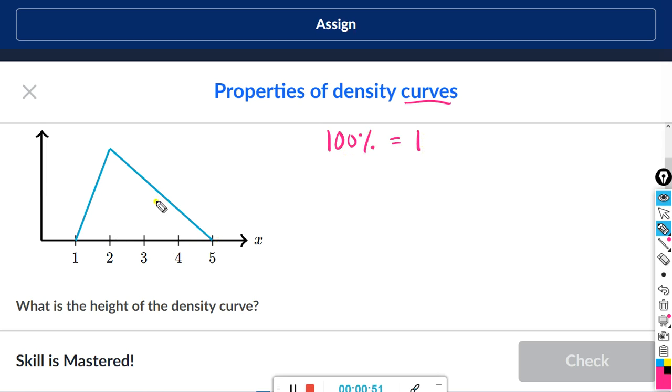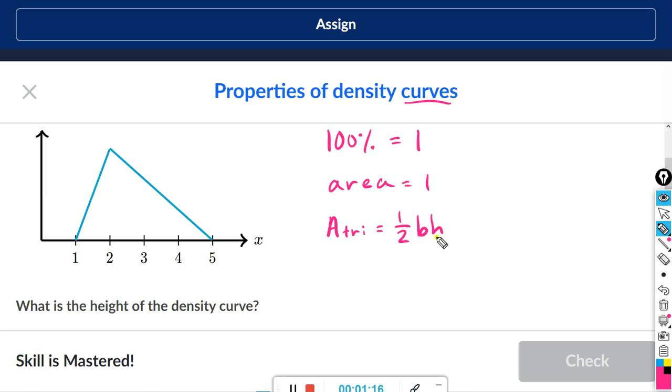So the area of this triangle is just 1. And recall that the area for a triangle is going to be 1/2 times the base times the height.